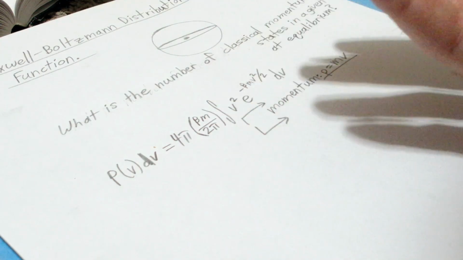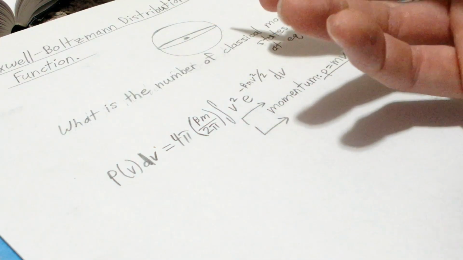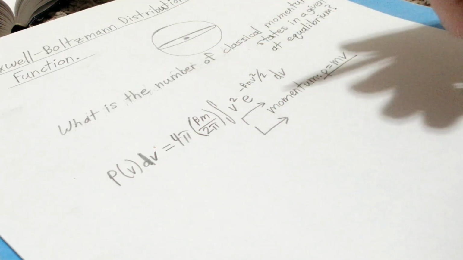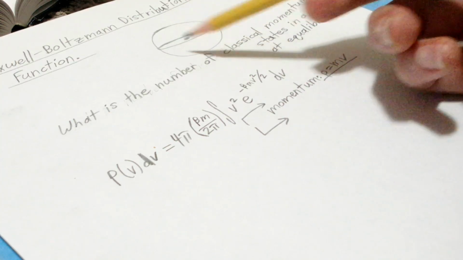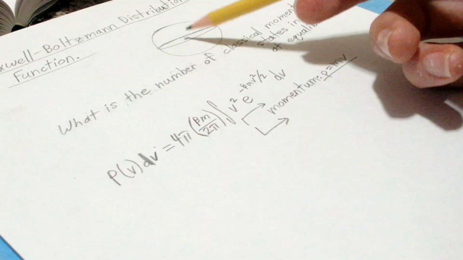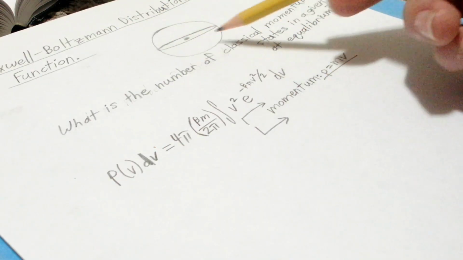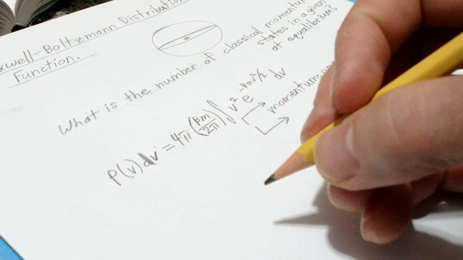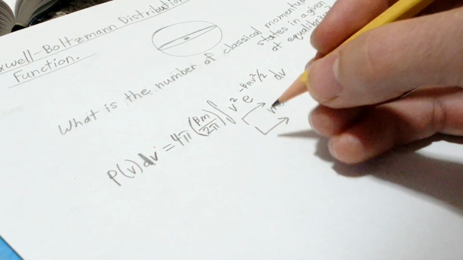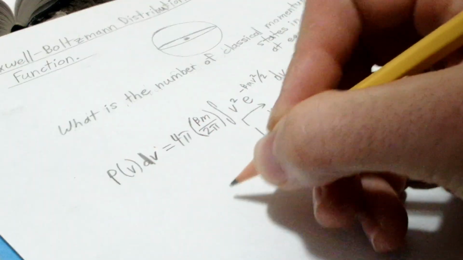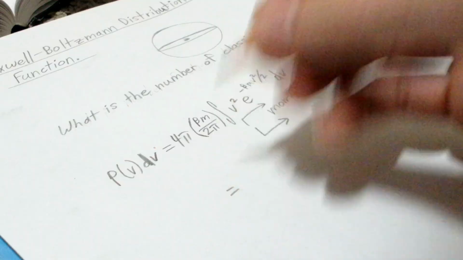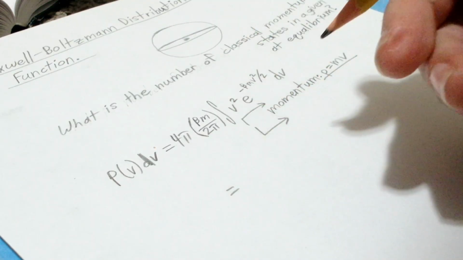So that'll average out. This distribution function will therefore average out all the possible momentums or velocities our one particle in a three-dimensional sphere here will have. And using our distribution function, we're going to set our integration values from 0 to infinity.